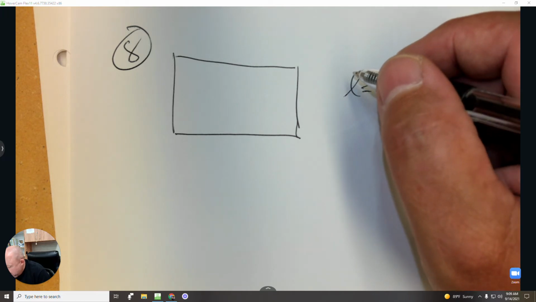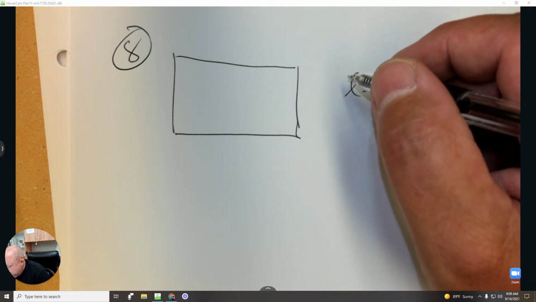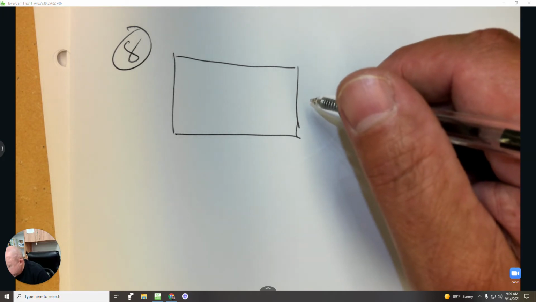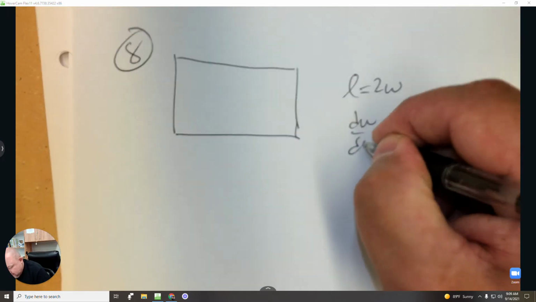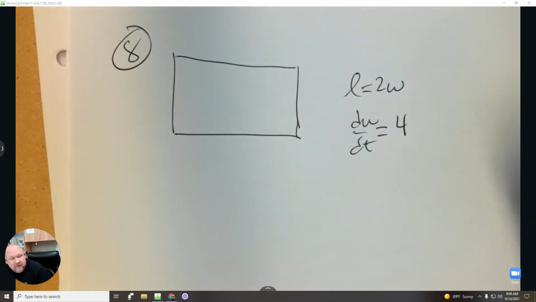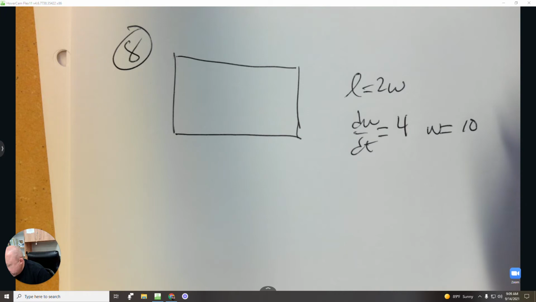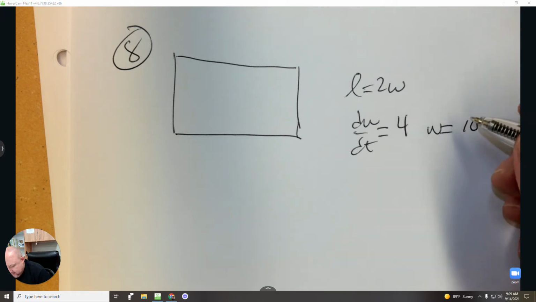The rectangle is enlarged to a similar rectangle as the width changes at a rate of 4 inches per minute. When the width is 10, how fast is the area increasing?